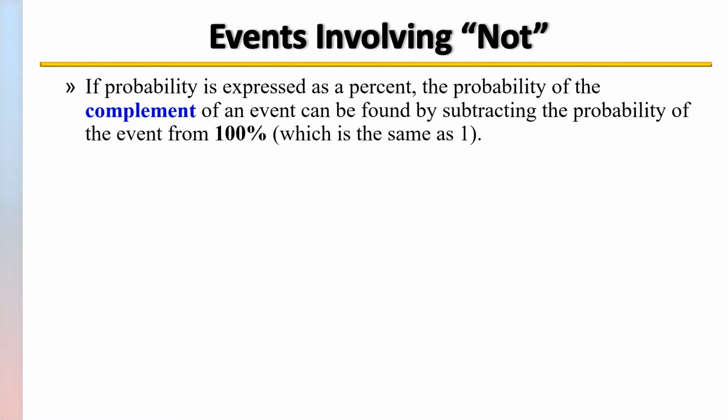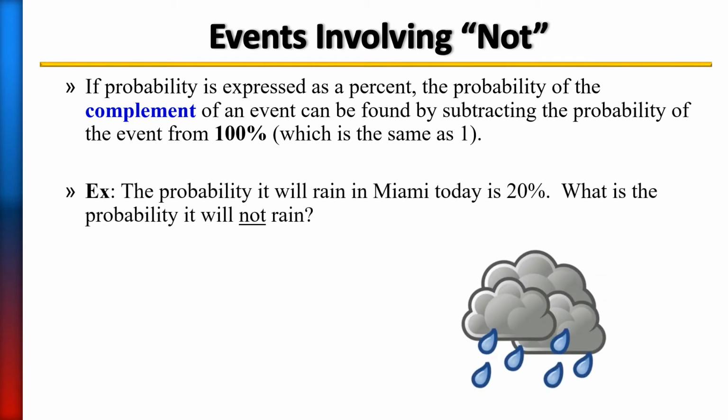Now, probability of events involving not. If you're dealing with percentages, so if the probability is expressed as a percent, the probability of the complement of the event can be found by simply subtracting the probability of the event from 100, which is the same as 1. So here's what I mean. The probability that it will rain in Miami today is 20%. So what is the probability that it will not rain?